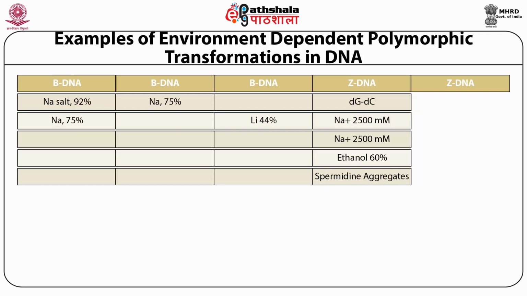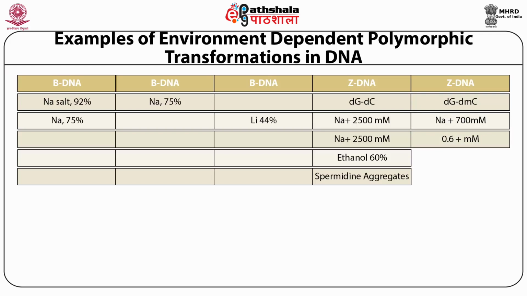Also, in the presence of methyl cytosine, poly-dG, dMC, sodium salt 700 millimole, or ethanol 20%, spermidine 0.5%, we can get Z DNA.